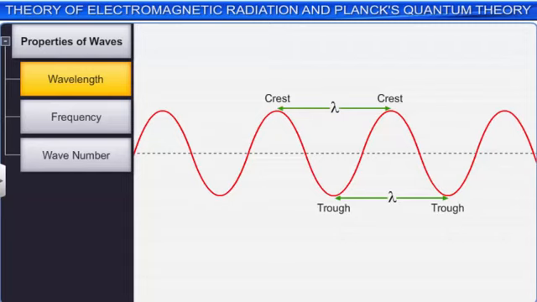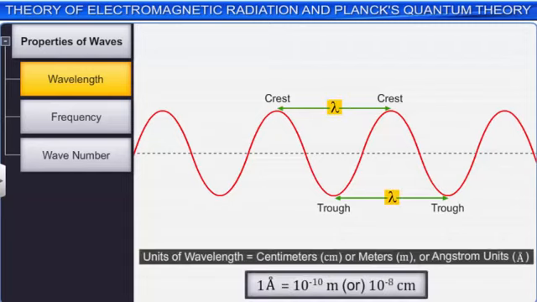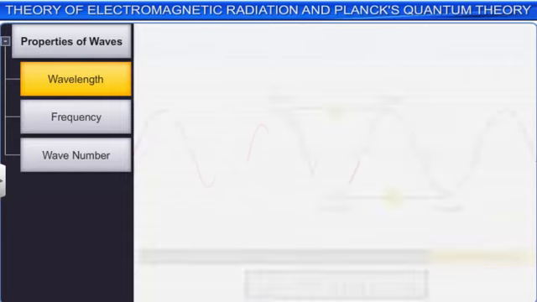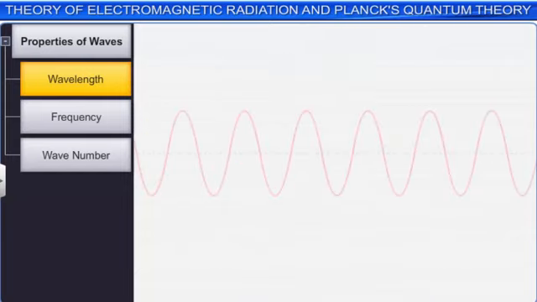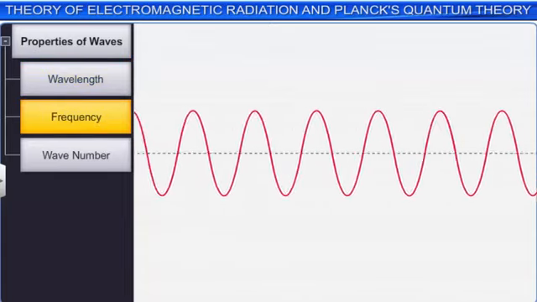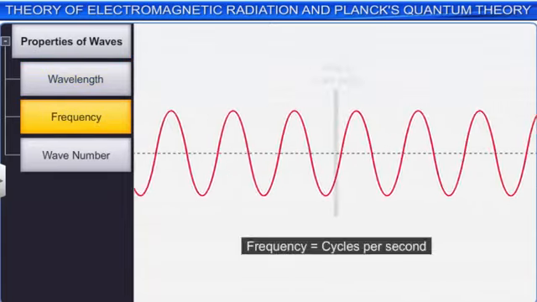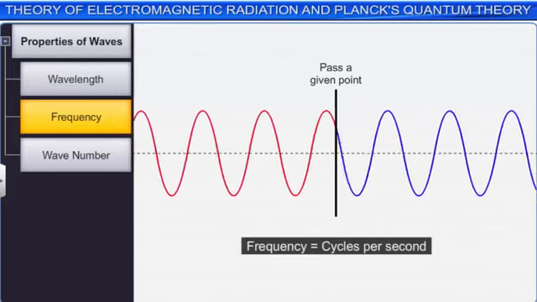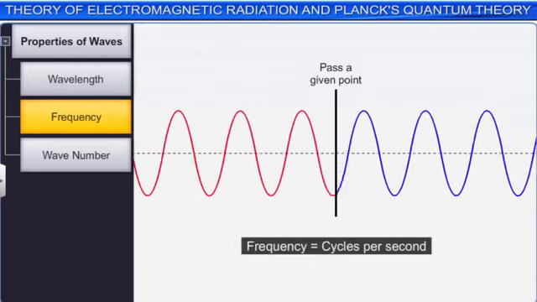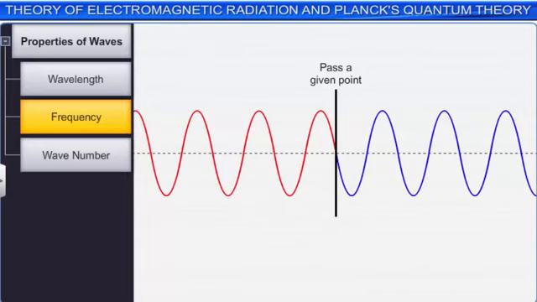Wavelength is denoted by the Greek letter lambda. It is expressed in either centimeters or meters or in angstrom units. The next characteristic of a wave is the frequency. Frequency is the number of waves that pass a given point in 1 second. It is denoted by the symbol nu and is expressed in hertz.